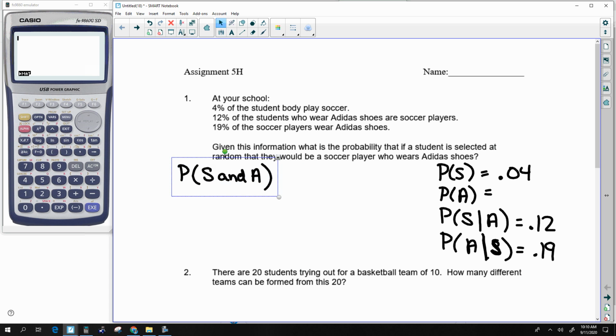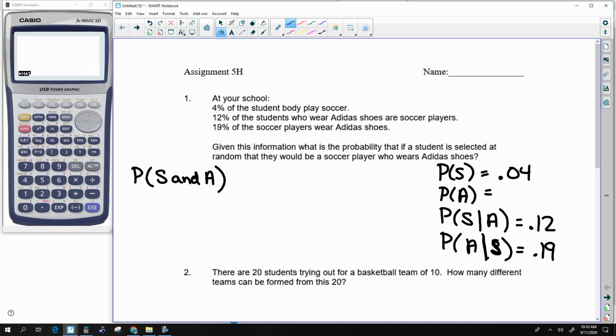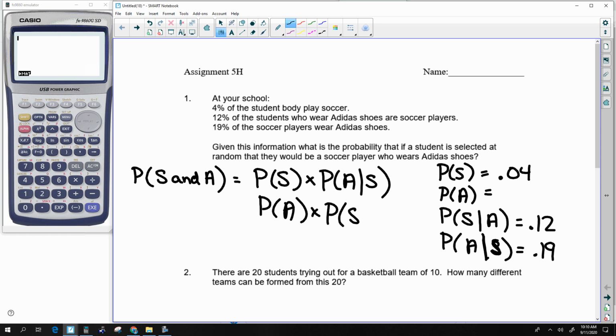Okay, now we have a couple different potential possibilities and formulas that we could do here. We could do the probability of S times A given S, or we could do the probability of A times S given A. What narrows that down for us is, notice that we do not have the probability of A. We don't have that, so that takes this formula out of the question.